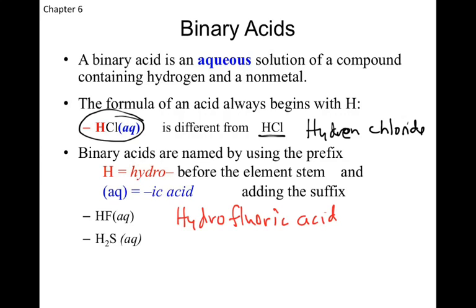And the next one we have hydrosulfuric acid. Okay? So that's how you're going to name your binary acids. Some of you may have heard of another acid name, sulfuric acid. Sulfuric acid is not hydrosulfuric acid. They are two different compounds. And we will see that in the next one.